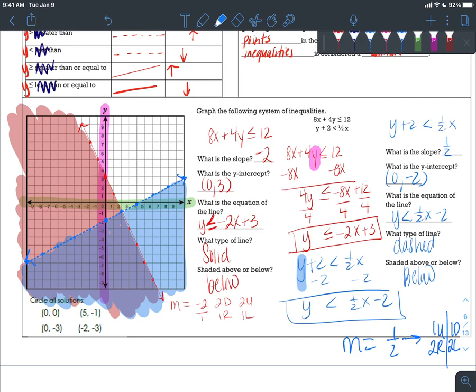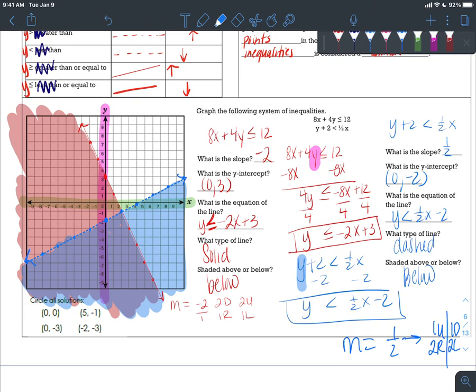All right, so now I'm looking at this. The areas that are blue shade only are solutions for only the blue equation. The area that is red shade or on the red solid line are solutions for the red equation only.